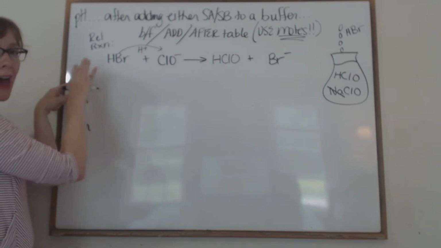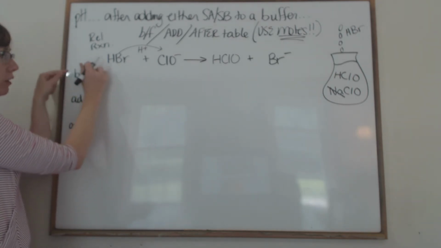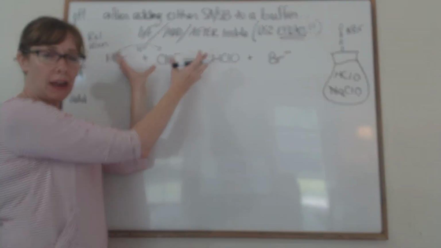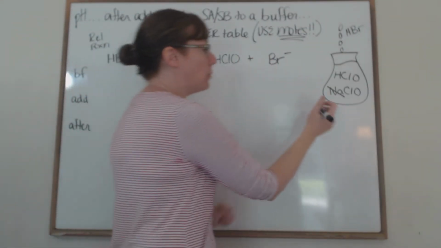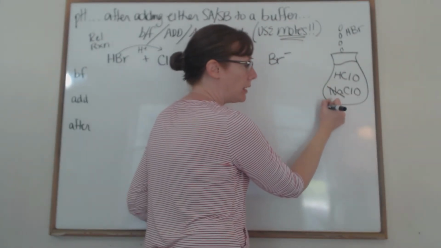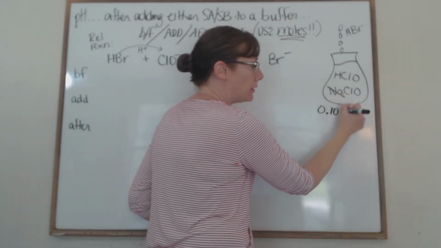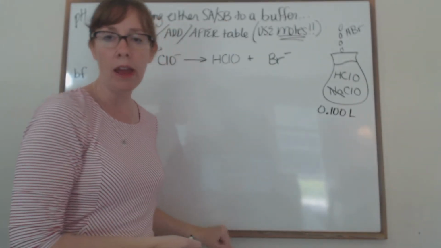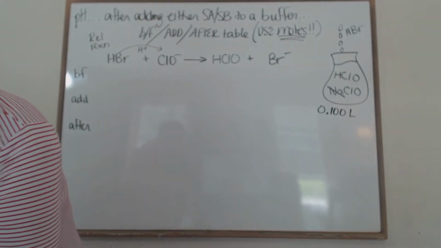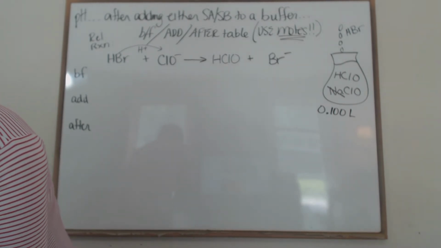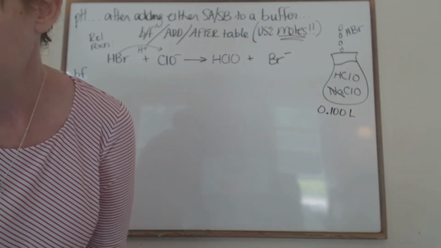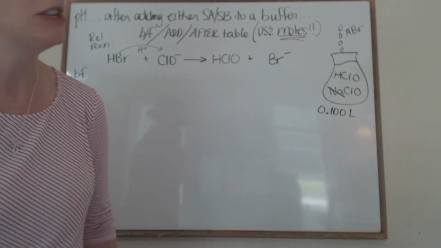Before we've added anything, this whole row: what did we have in our beaker? Well, if I'm remembering correctly, it was 100 mL, and so 100 mL is 0.100 liters. It was 100 mL of 0.175 molar HClO.